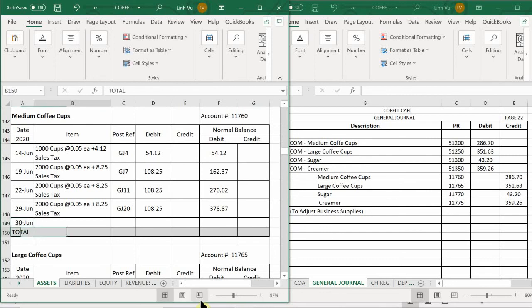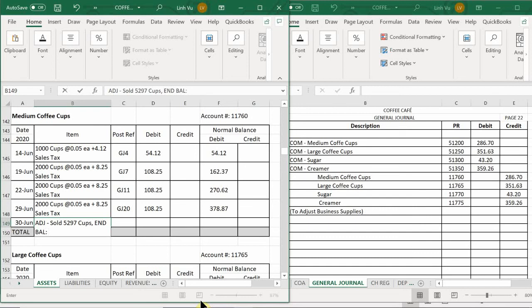So here, adjustment, and we sold 5,297 cups. In this case, if you want to, you can also have your ending balance of how many cups you have left.